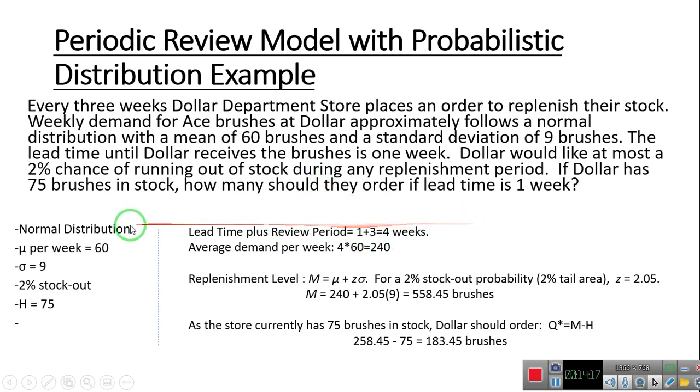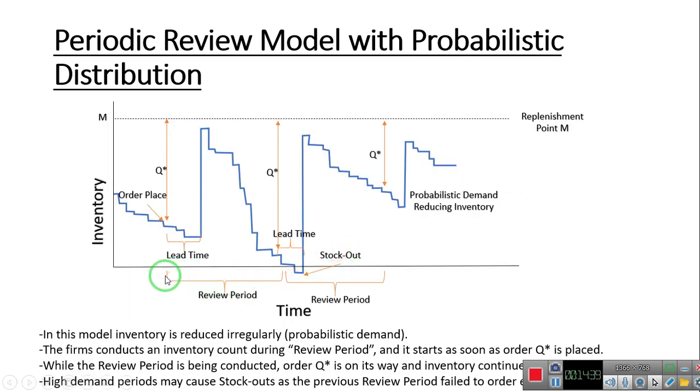If dollar has 75 brushes in stock, so you do your review period and you're counting 75, how many should they order if the lead time is 1 week? The first thing that you're going to compute is lead time plus review period. That's how long it's going to take from the beginning of the review period until you receive the next batch.